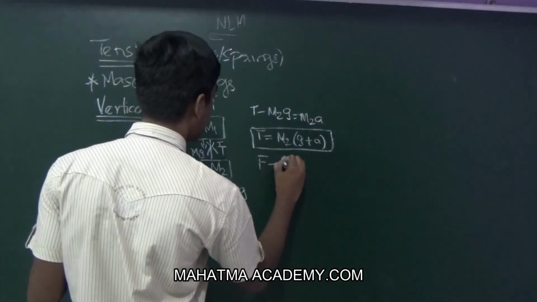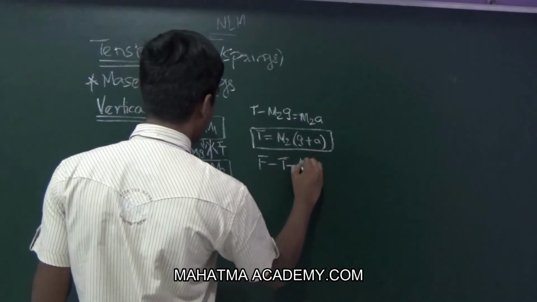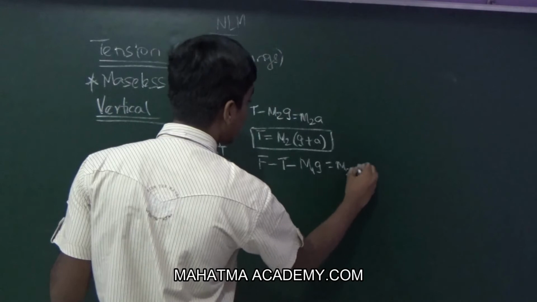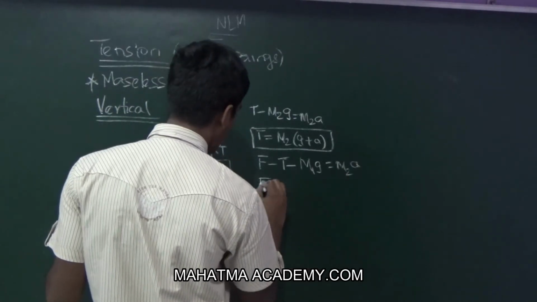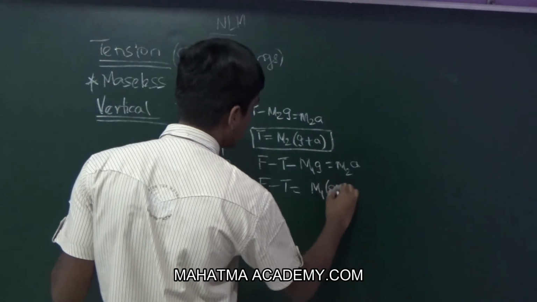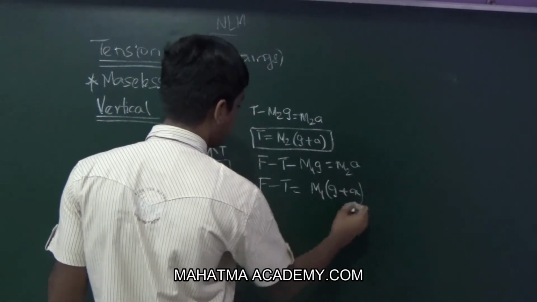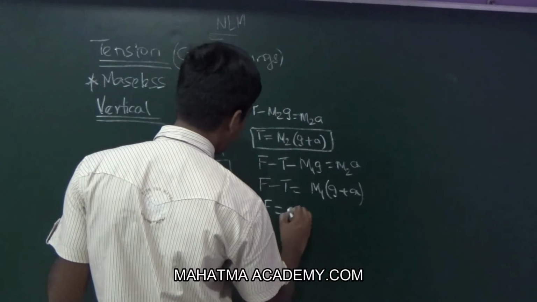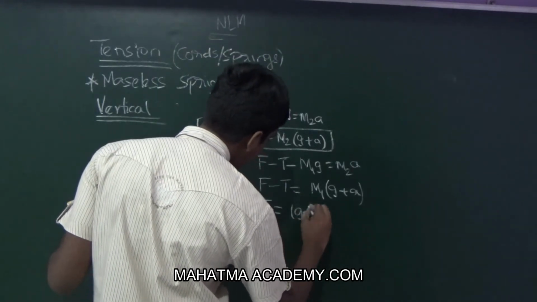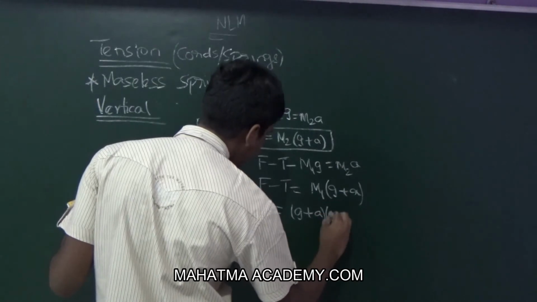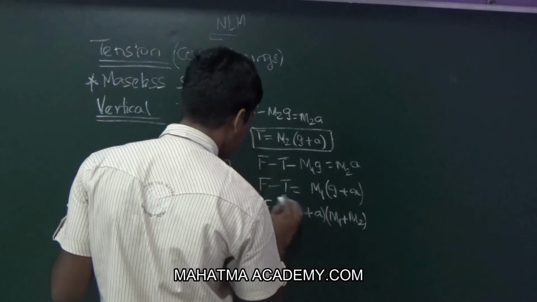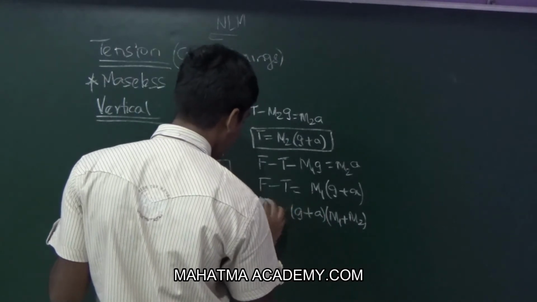F minus T minus M1G is equal to M1A. Now F minus T is equal to M1 into (G plus A). Now if we take common factors, F is equal to (G plus A) into (M1 plus M2). We will get the weight.